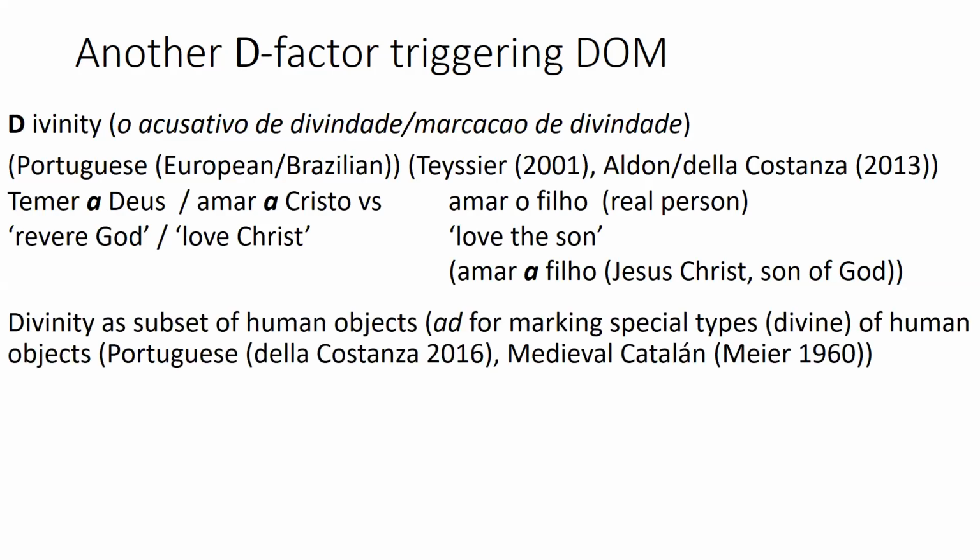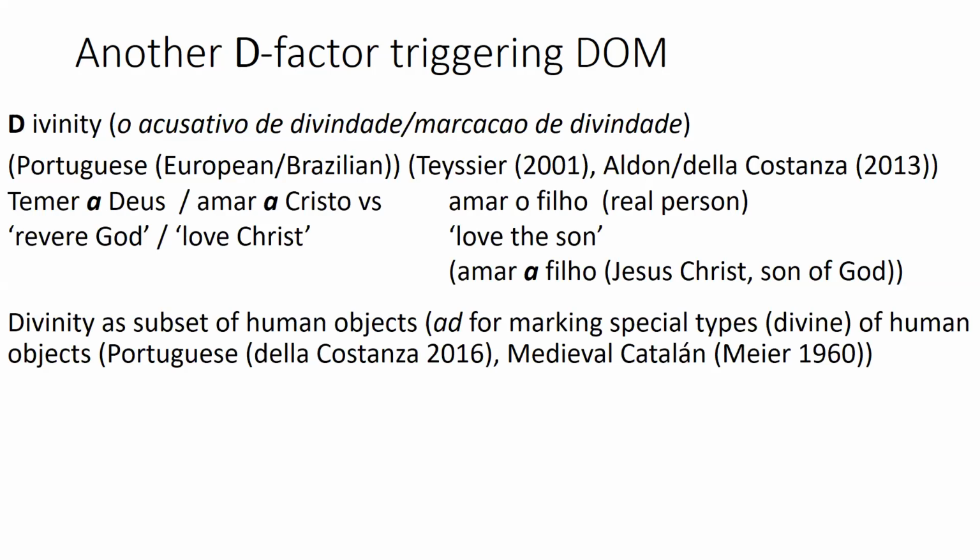And this can be analyzed within the context of animacy, because divinity seems to be a subset of human objects, and a is used for marking a special type of human object, i.e. divine, which is noted in Portuguese, but also in medieval Romance.